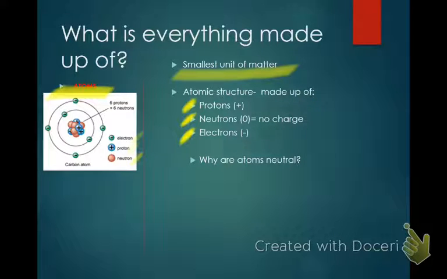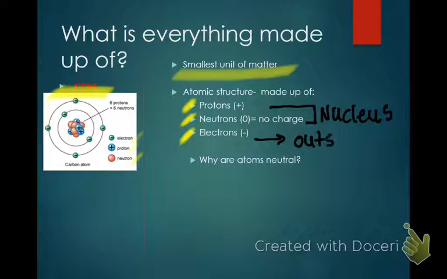Protons are blue and they're positive. Electrons are green and they're negative. Okay. And we know that these 2, protons and neutrons, make up the nucleus. Okay. And that the electrons are on the outside of the atom, in like these little electron clouds, okay?